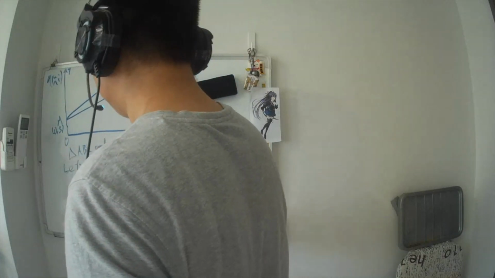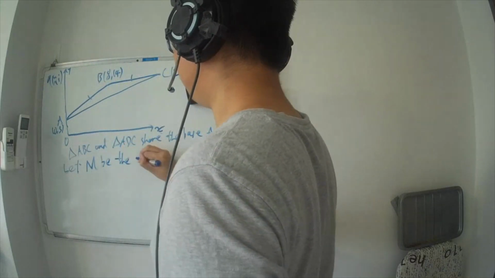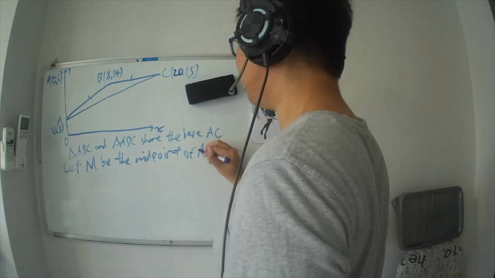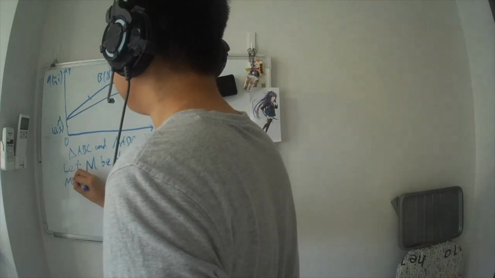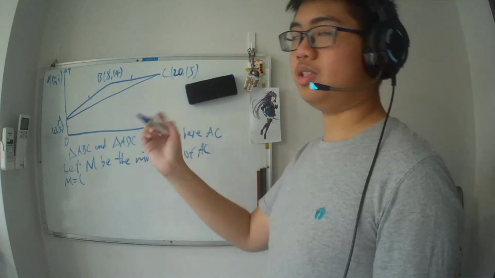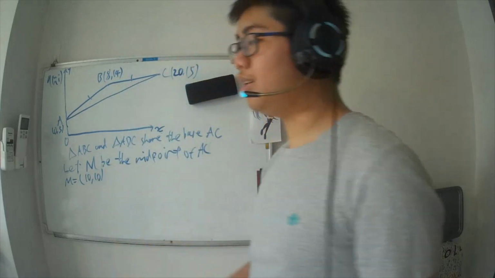My marker is failing me. Let M be the midpoint of AC. Then M is equal to, let's see, 20 minus 0, so this is just 10, and this is just 10, right? So M is 10, 10. Very nice.